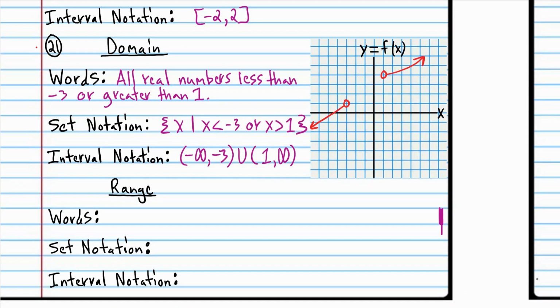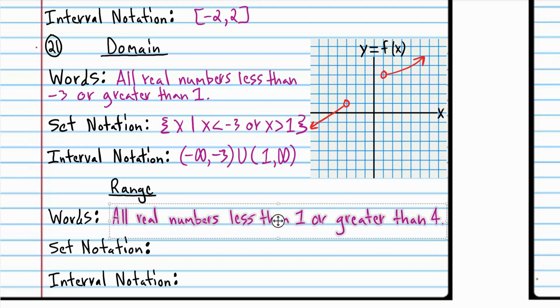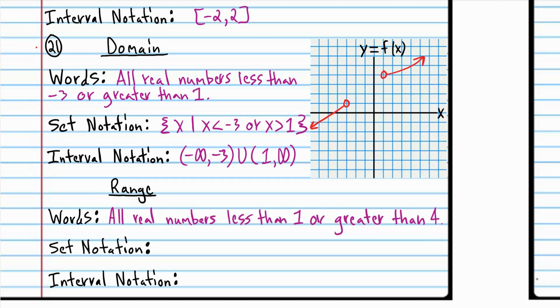Now, all the y values of the points on this graph in this region are less than 1, and the y values of the points up here are greater than 4. So the range of the function is all real numbers less than 1 or greater than 4.